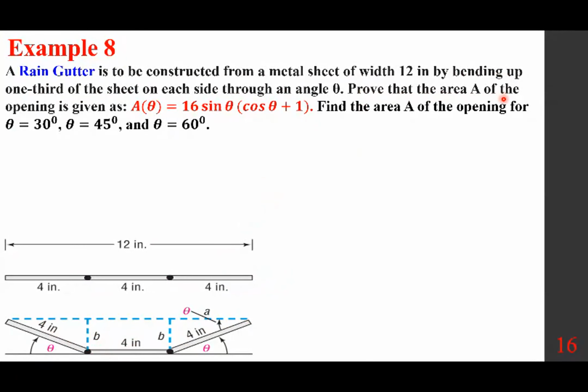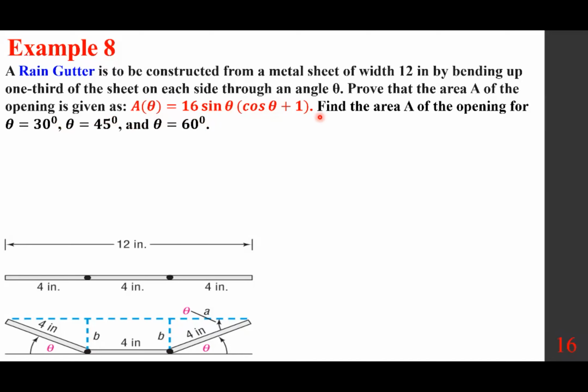Prove that the area of this opening, A of theta, is 16 sine theta times cosine theta plus 1, and find the area when theta is 30, 45, 60. Those are not a big deal. You just replace the theta with 30, 45, 60. Those are our common angles. The main thing is to prove that.